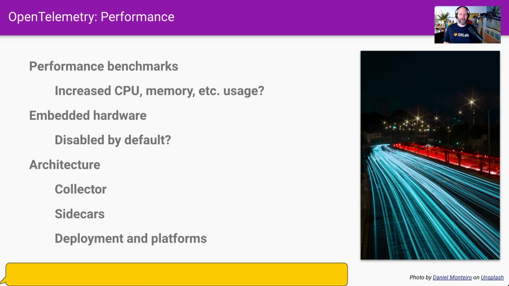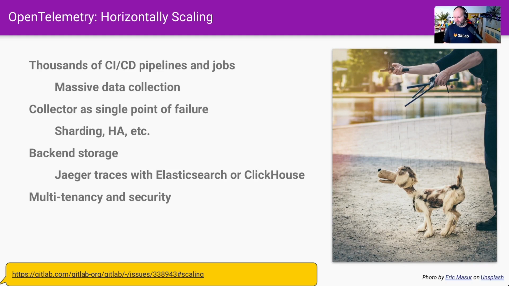a generally available feature. And also when we're running many CI/CD pipelines and jobs, there's massive data collection going on in the background. How to scale that? Maybe the collector is a single point of failure. We need to horizontally use some sharding or high availability or other things, which I haven't checked yet if they exist.